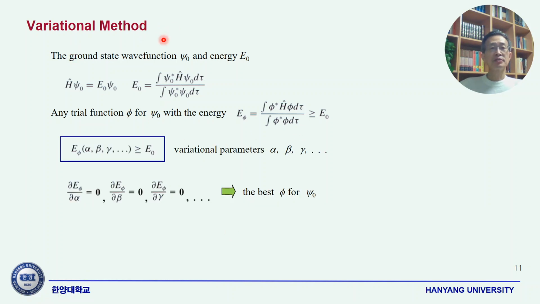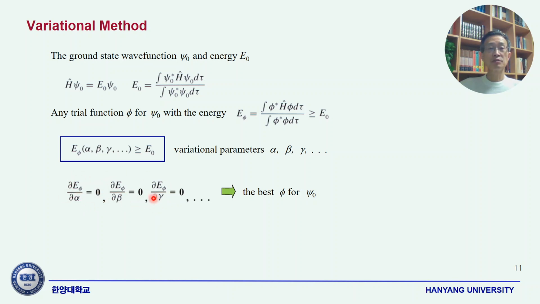So the variational method is that you obtain your variational integral, the variational energy, as a function of all these parameters, alpha, beta, gamma. Those are variational parameters you can vary in order to lower the energy. So just get the lowest possible energy in terms of alpha, beta, and gamma, which is obtained when the first derivatives against alpha, beta, and gamma are all zero.